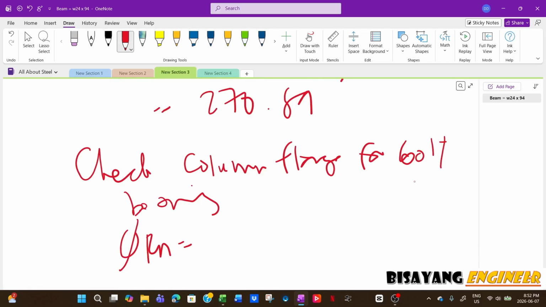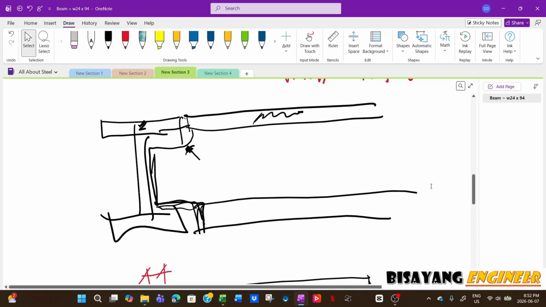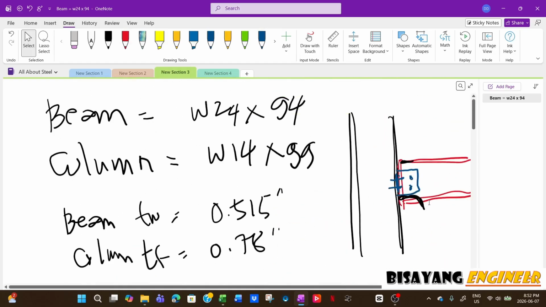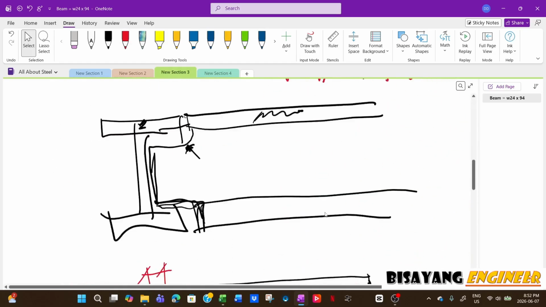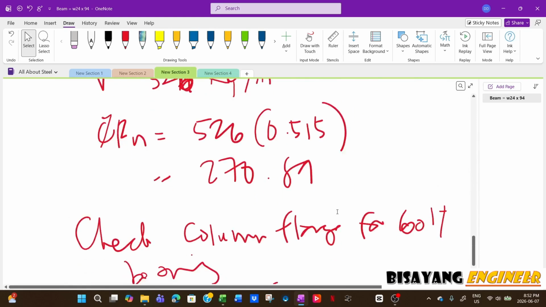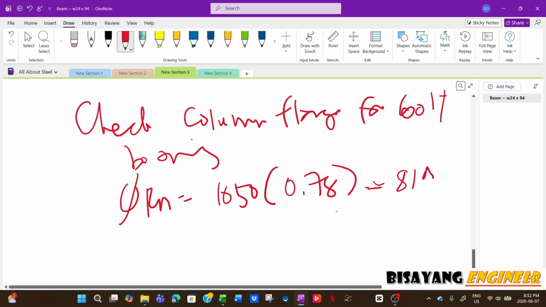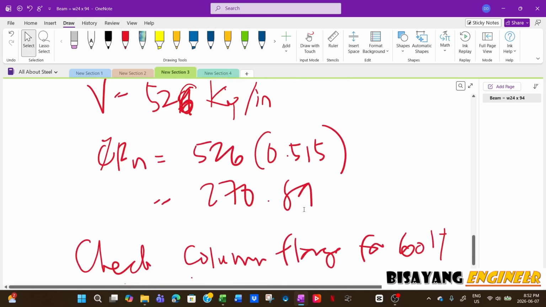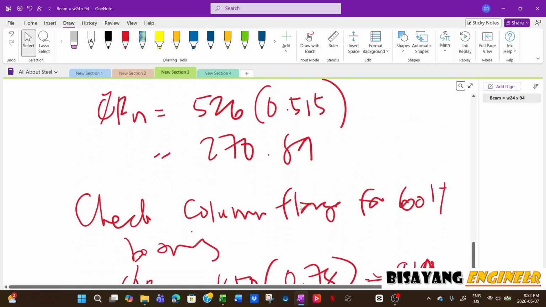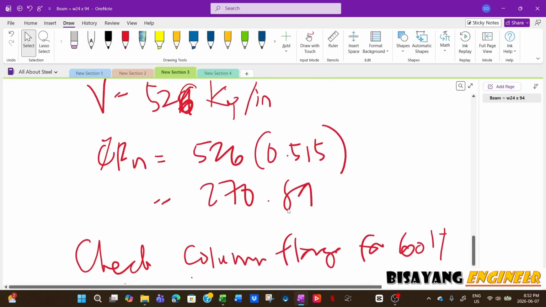Capacity is equal to 1050 times the flange thickness, which is 0.78. So this is equal to 819. That's about 300% higher than the web.